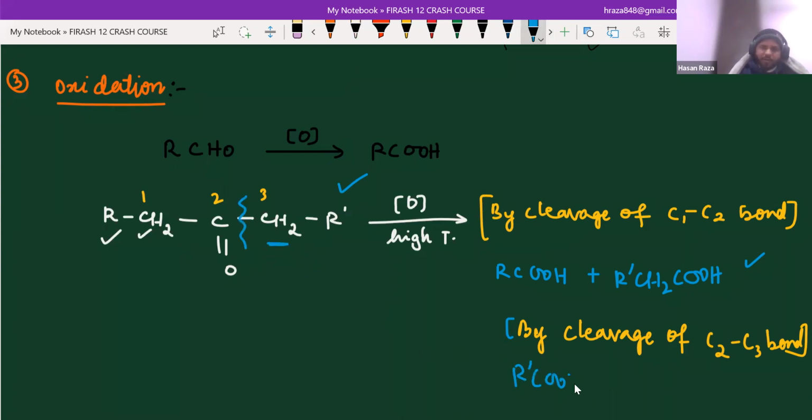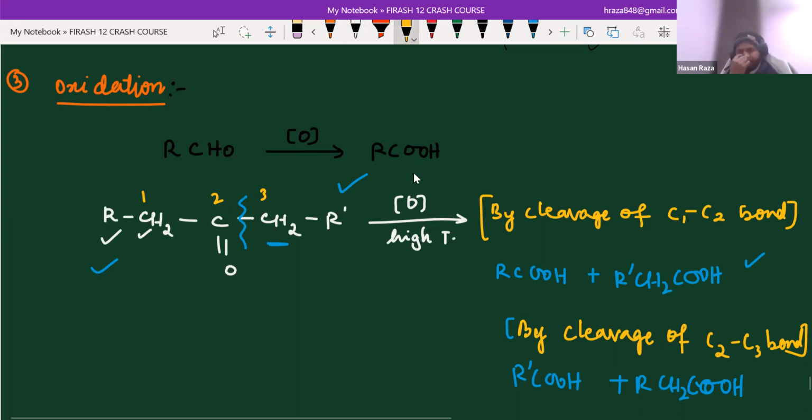So R'COOH, third product, and from the left hand side, it is RCH2COOH. So whenever you oxidize a ketone, it will be oxidized only at elevated temperature with a very strong oxidizing agent. But the condition is that there will be cleavage of bonds, and every part will be oxidized to carboxylic acid.